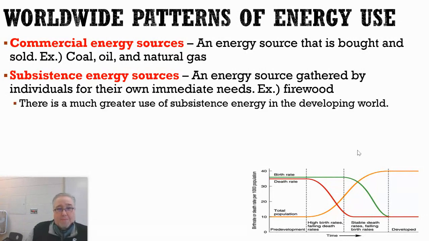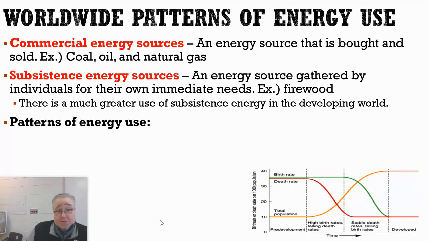Now, the thing about commercial and subsistence energy use is that different countries around the world utilize these resources a little bit differently. For example, in the developing world, countries that are in stage 1 or stage 2 of demographic transition, there's a lot more subsistence energy used compared to commercial energy, probably because of the price. A lot of people in these countries just can't afford some of the commercial energy resources.